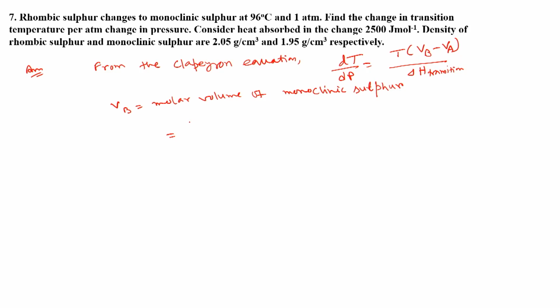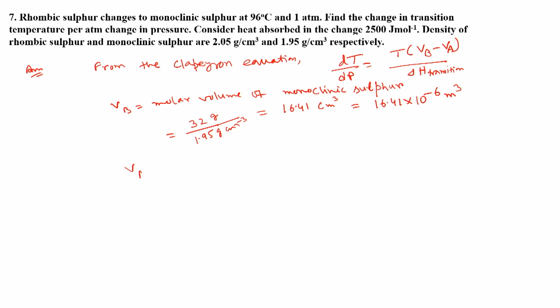It is 32 by the density, right. Density is 1.95 gram per centimeter cube. So, we get 16.41 centimeter cube, okay. So, we get 16.41 times 10 to the minus 6 meter cube.